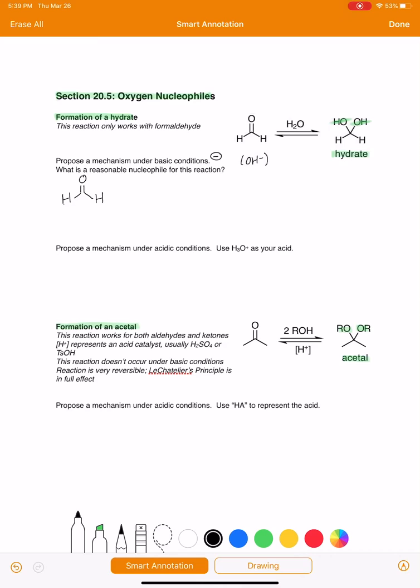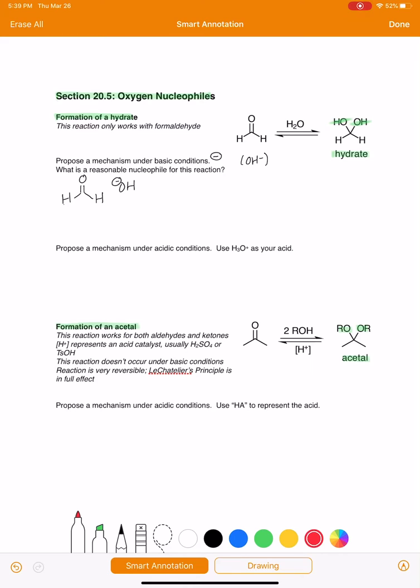So when we do a reaction under basic conditions, we should always see our reactants and our reagents negatively charged or just neutral, one or the other. So if we're looking for a negatively charged nucleophile to do this reaction under basic conditions, we're going to see hydroxide as the nucleophile for this reaction.